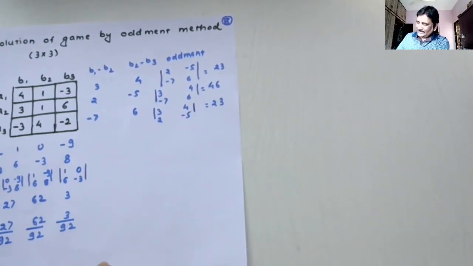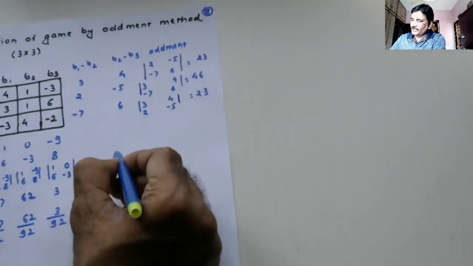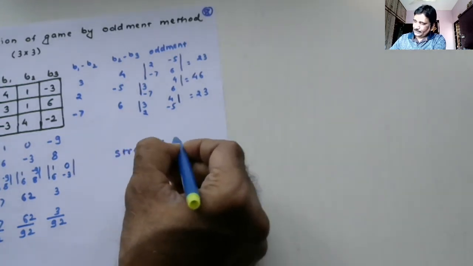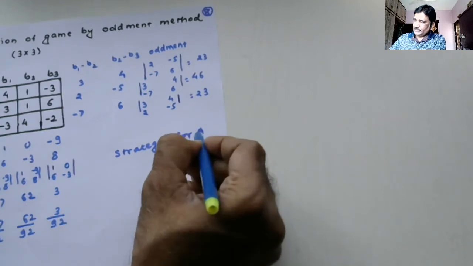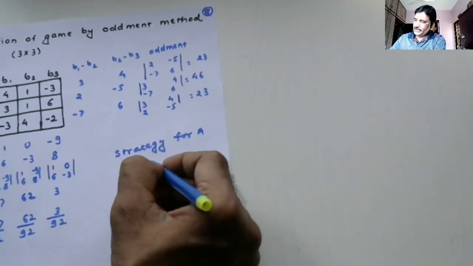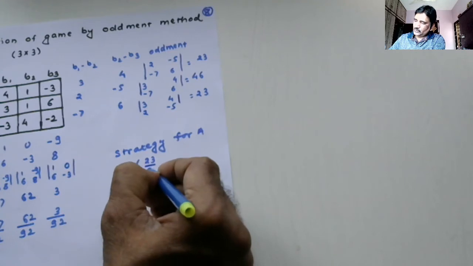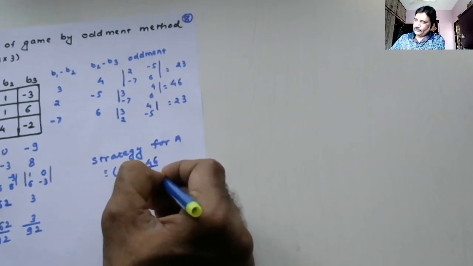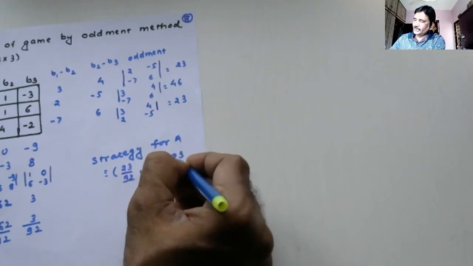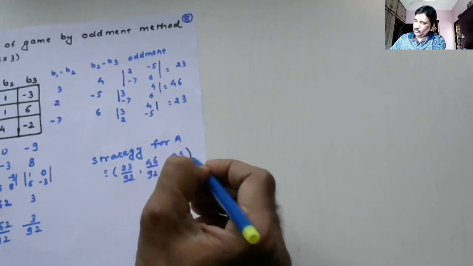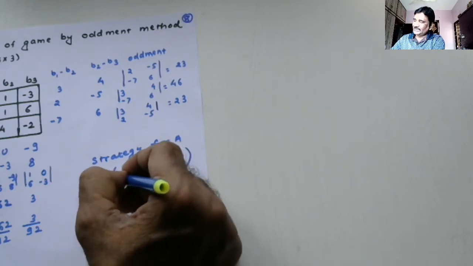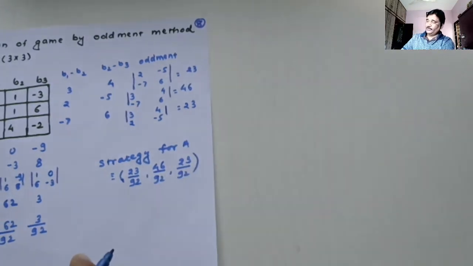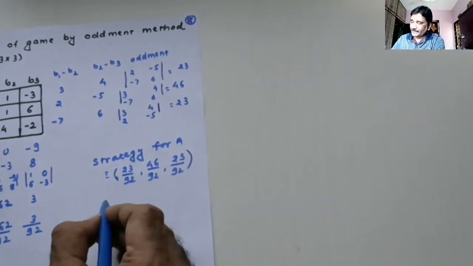So those I am going to write in strategy. Okay, so here is that strategy for A. Strategy for A is going to be 23 by 92, 46 by 92 and 23 by 92, meaning that out of 92 times on average 23 times A1 should be played, 46 times A2 and 23 times A3 will be played.